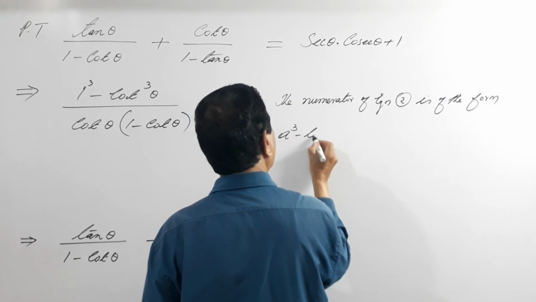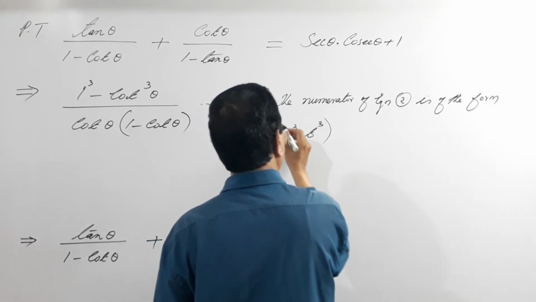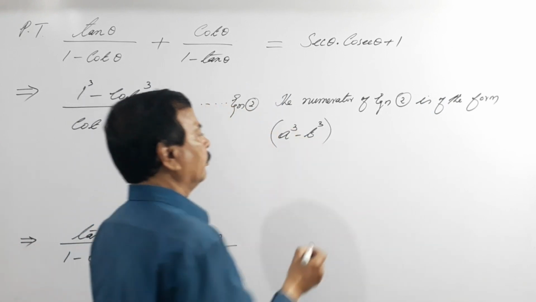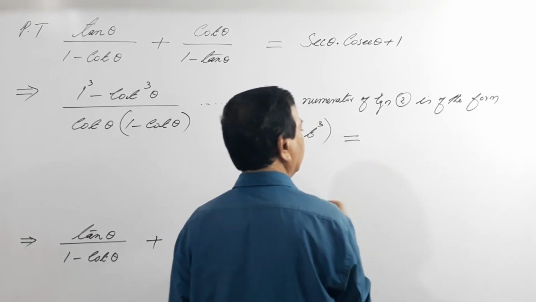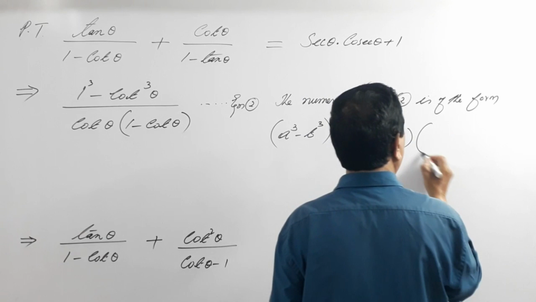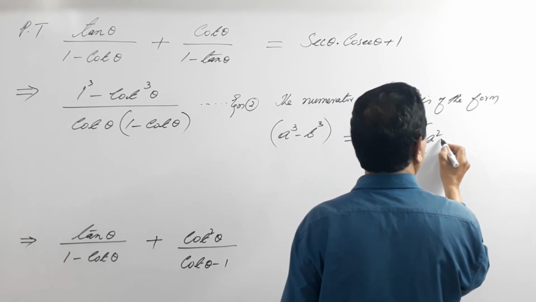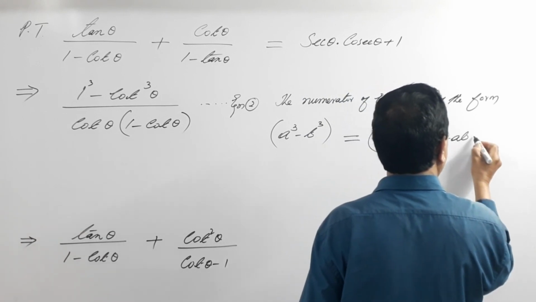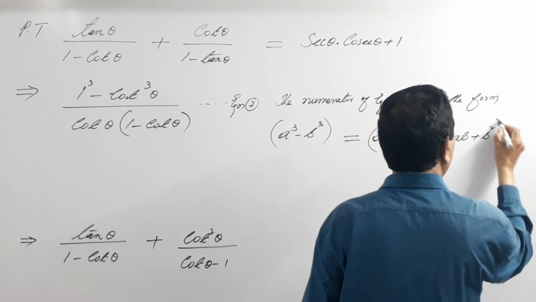A cube minus b cube, correct? Which is nothing but what? What is the solution for this? That is a minus b into a square plus ab plus b square.